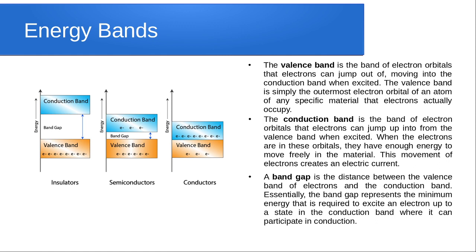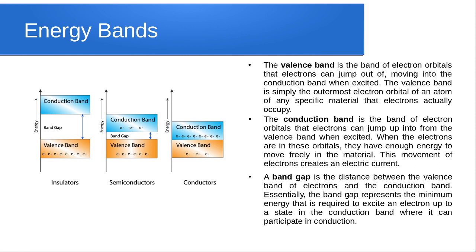In conductors, we cannot even see a band gap. That makes the conductors easily conducting. The electrons in the valence band can easily move on to the conduction band.